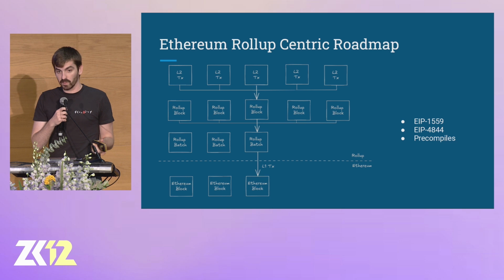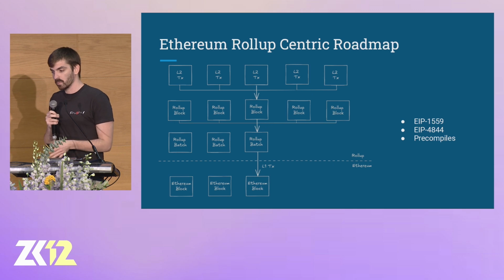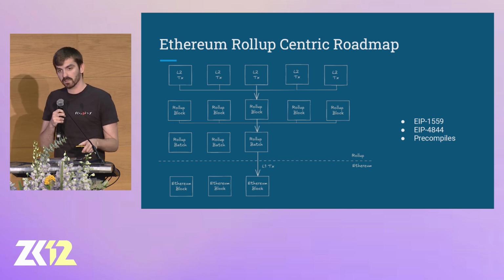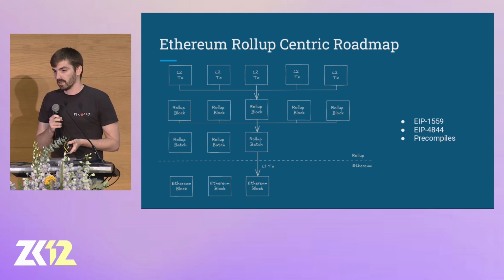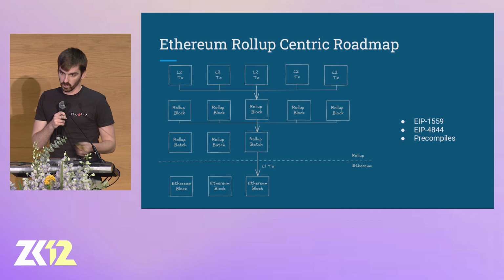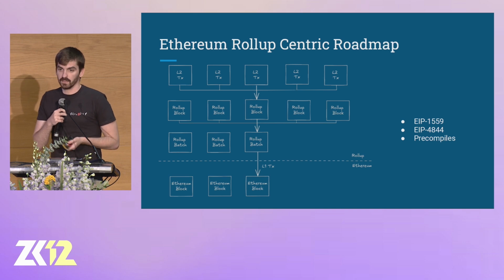And in particular, Ethereum, in the last couple of years, has a very rollup-centric roadmap. There have been improvements that are mainly focused on improving the efficiency of rollups. The most important example is proto-danksharding, EIP-4844, which basically introduced blobs that make DA much cheaper in Ethereum.